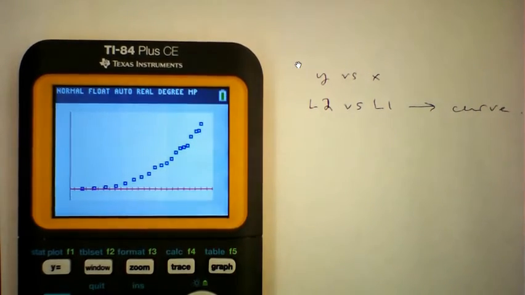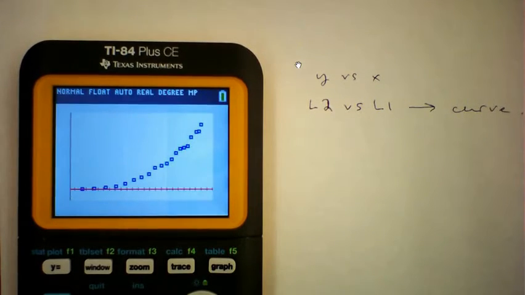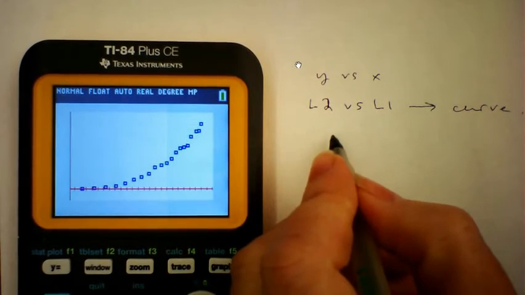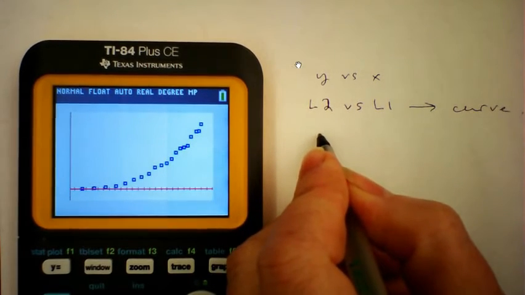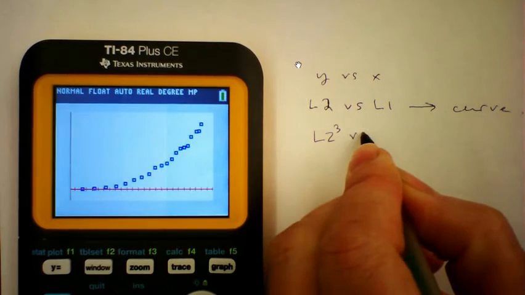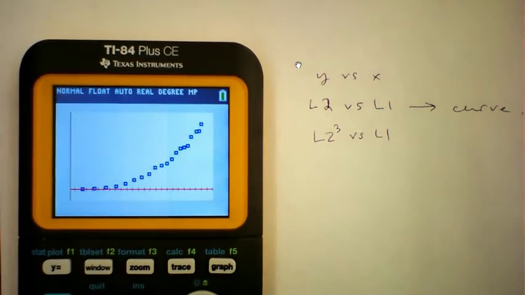So then right away, I'm not going to even run that, but what if I try cubing the L2 and going versus L1? Okay, so let's try that.